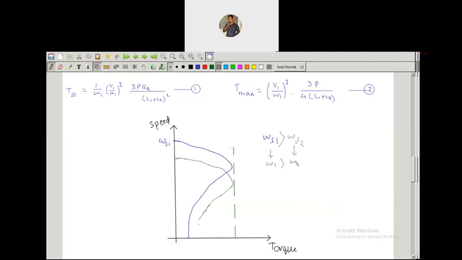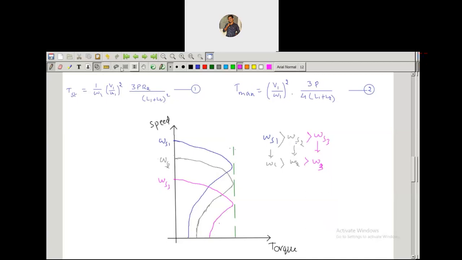So it is for omega s2. Now if I want to draw for one more frequency which is less than omega 2, that is omega 3, and the corresponding speed is omega s3. Now again the starting torque is going to decrease.